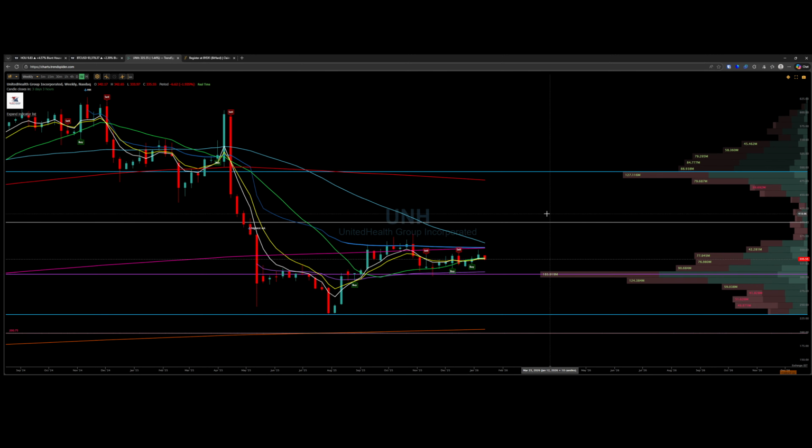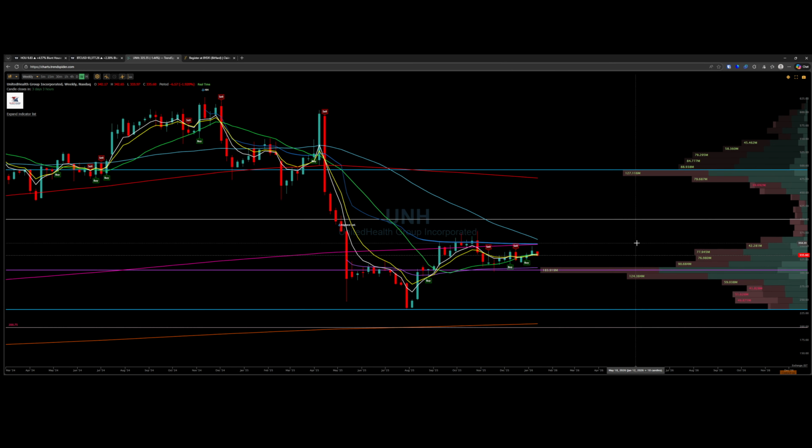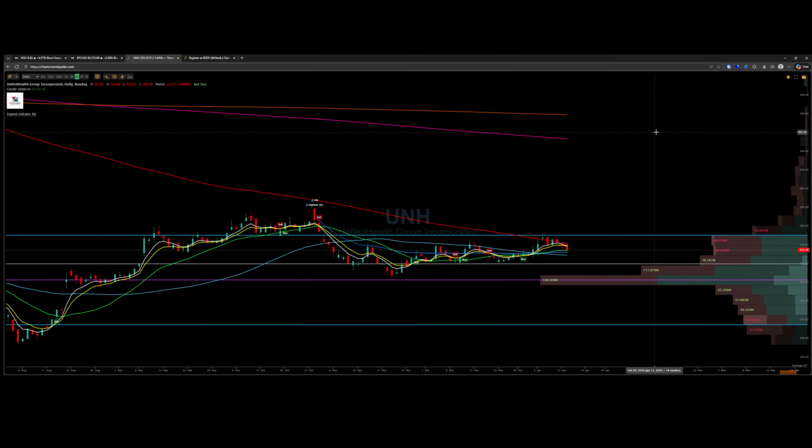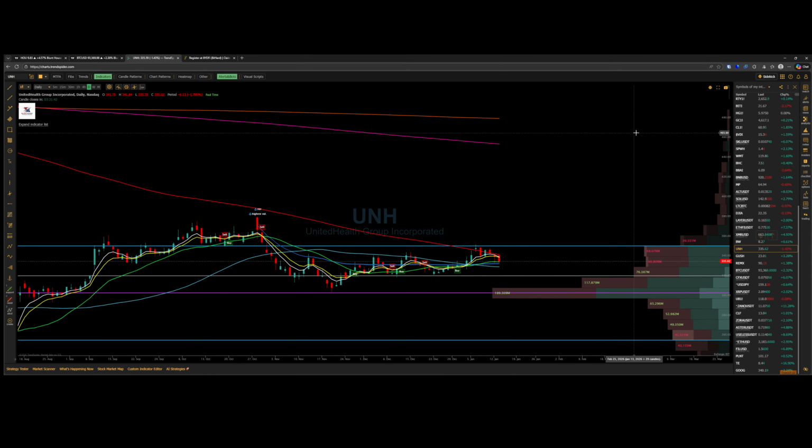So don't always think that you're going to break in or out of these zones, right? This is yet to prove itself. This might have to come back, recheck, and try again. We show it all the time. But this 500 days, we know, on an extended time frame, is a heck of a lot of resistance. And this candle's getting heavier as we talk, so maybe I shouldn't look at it anymore.